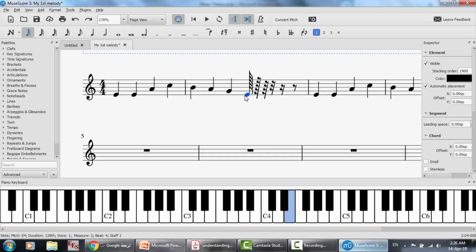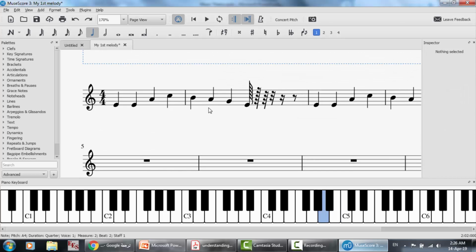So you should think about the melody in your head first, and then you can imagine it here, to learn how to reach the target easily.